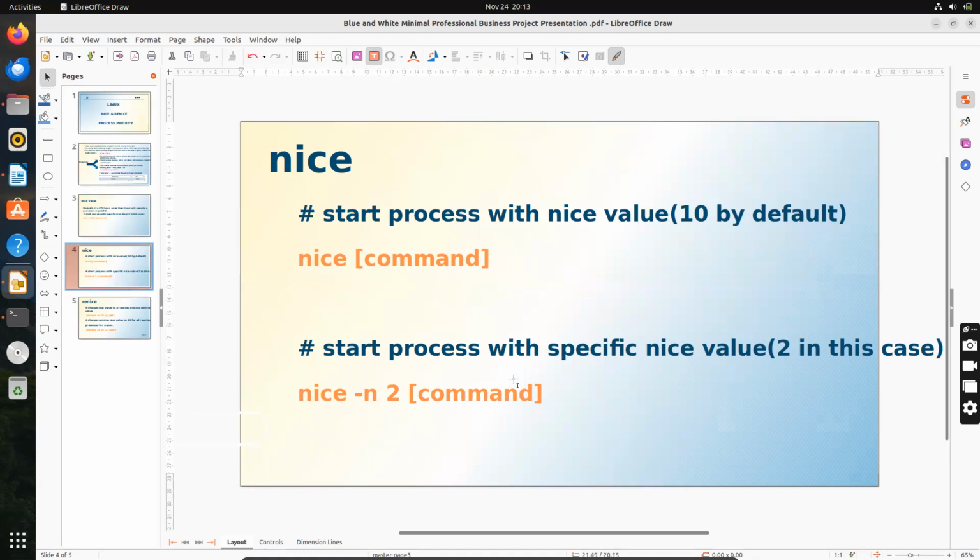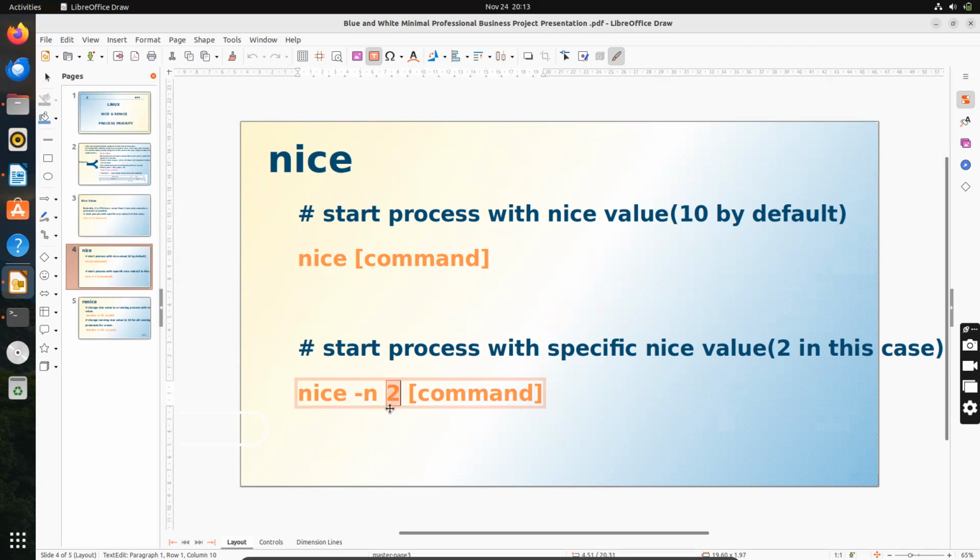To start a process with a nice value, this is the one we can use. Here -n means we need to give a parameter, an option, from plus 19 to minus 20.